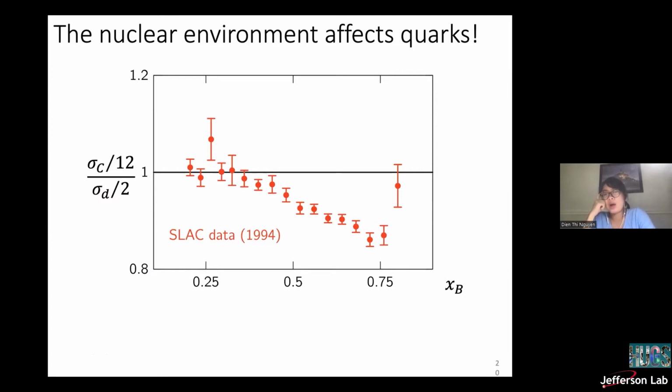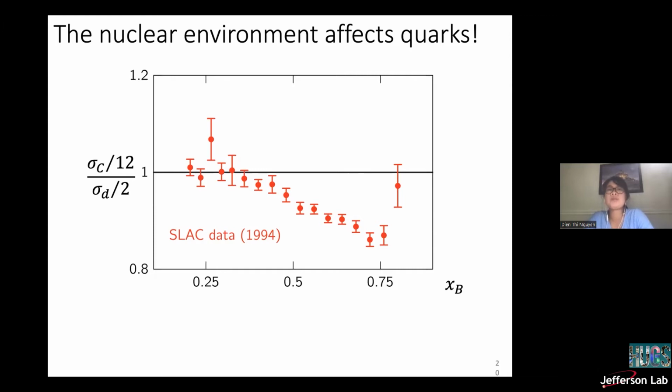We divide by 12 and 2 to average over the number of nucleons. This cross section ratio can be directly compared to the F2 of carbon-12 over the F2 of deuteron. If they are the same, the ratio should equal 1, just flat, nothing changes. But in fact, you can see a linear decrease here.